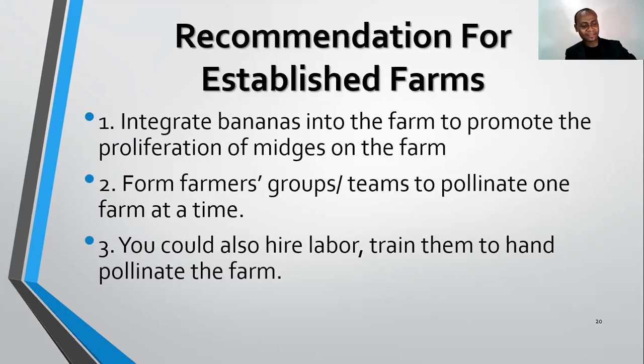If you invest 3,000 or 4,000 in pollinating the farm, and then in 6 months you are able to reap 50,000 out of the farm, that's a tremendous investment. So don't think, look, it's difficult, or I can't do this. If you think that way, then you are not into business. You are not a businessman.